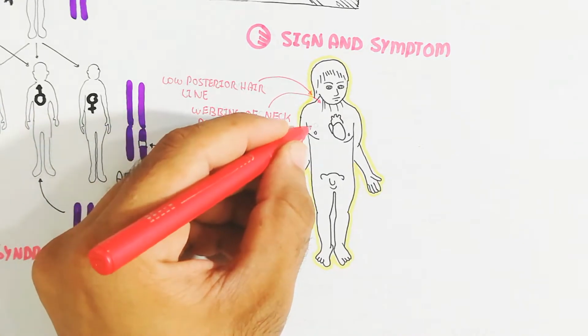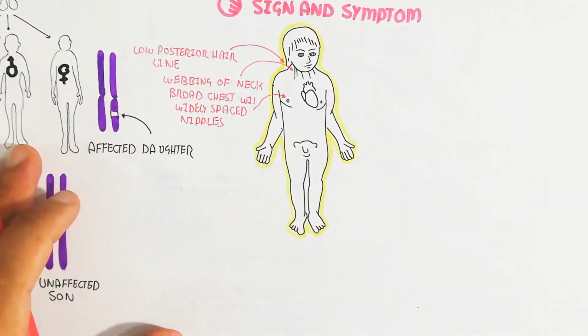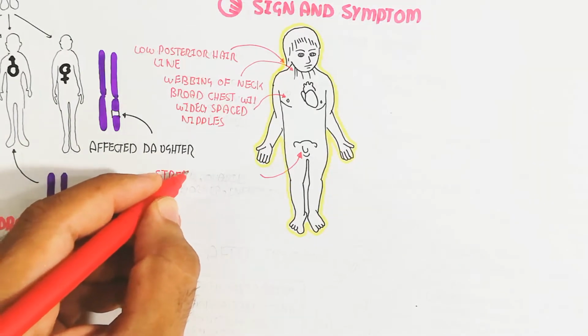On the other hand, streak ovaries, amenorrhea, infertility.